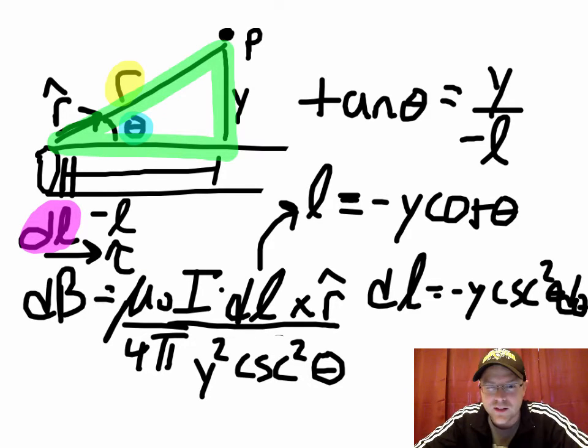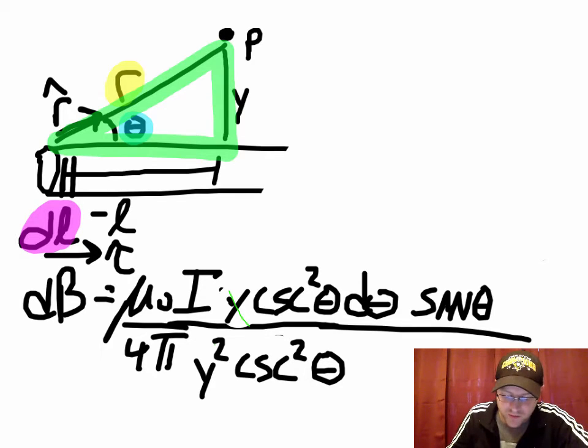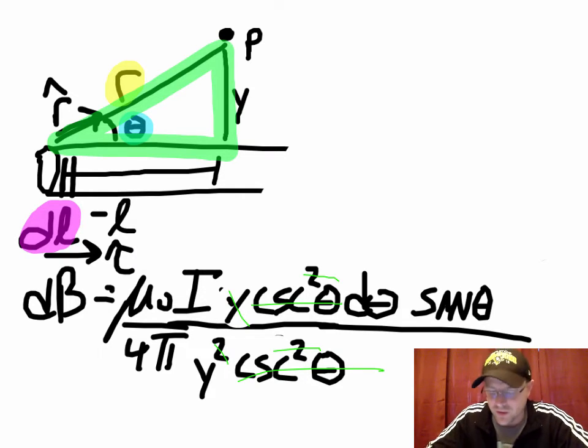So I'm going to replace dl cross r hat with dl sine of theta, and I'm going to substitute also in my dl. So there we go. The equation got a lot grosser, but now we can see that things will actually start to cancel for us. Get rid of one of the y's up top. We can get rid of the cosecant squared with the cosecant squared. And if we rearrange this and write this out a little bit nicer, this is what we get.